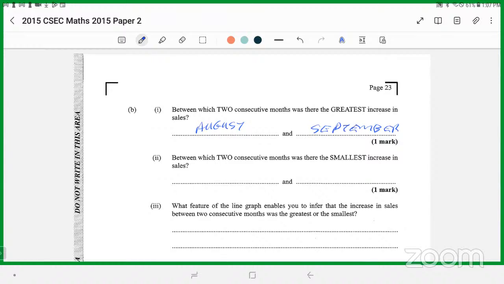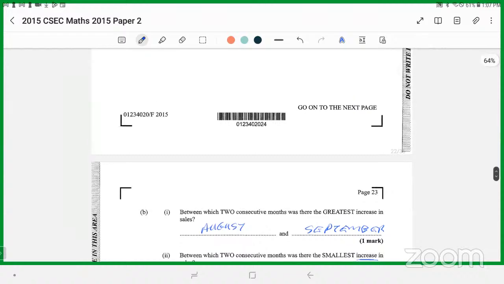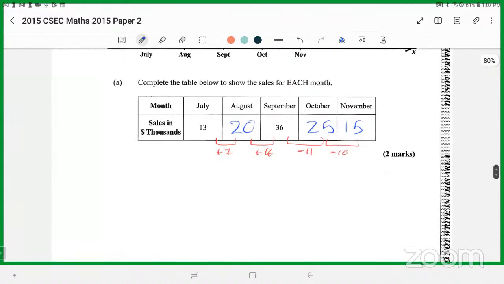All right, next one. Between which 2 consecutive months was the smallest increase? We still want an increase. Increase is a positive gradient going up. In terms of the numbers, the smallest increase is this one right here. In terms of the graph, it will be the shortest line with the lowest gradient, and it must be a positive gradient.